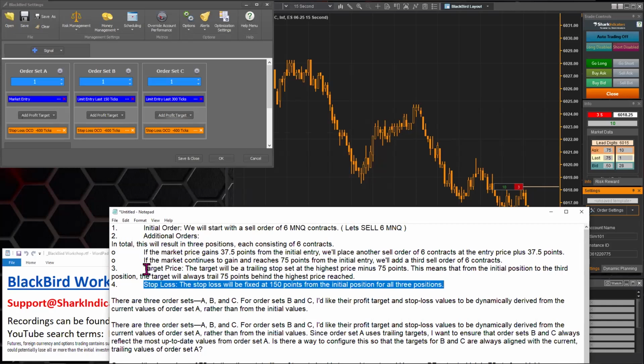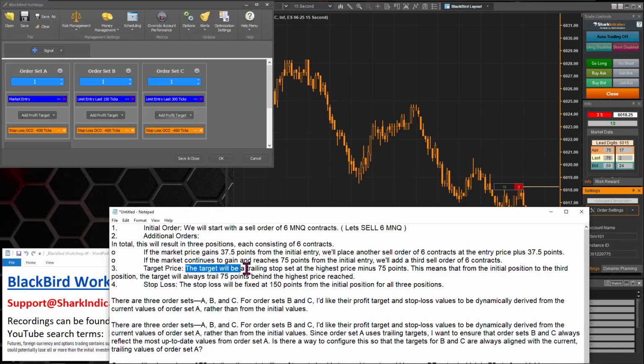Okay, so now we can focus on the more sophisticated component here, the profit target. All right, so I'm going to convert this to a long trade because I like to think in terms of long trades. It's easier for me, the way I think here. Let's see here.